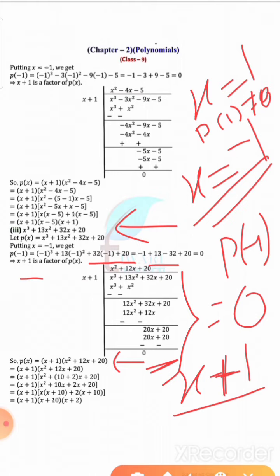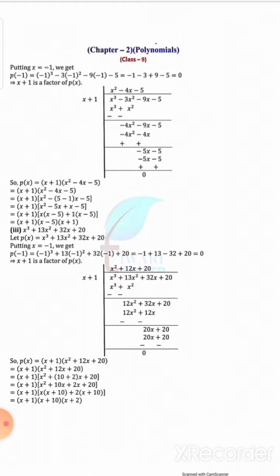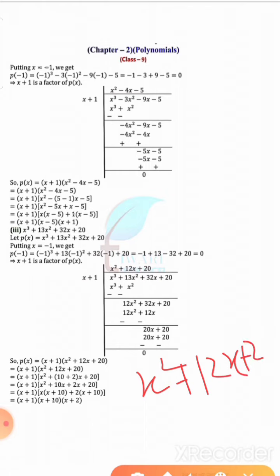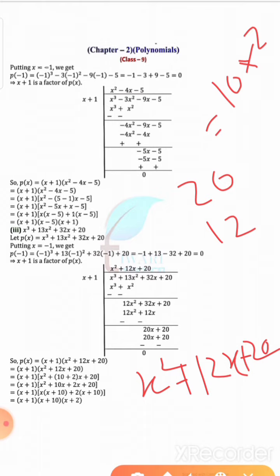So again we factorize this quadratic by the middle term splitting method. Here the coefficient of x² is 1. So 1 multiplied by 20, the product is 20, and the middle term is 12. So we split 20 as 10 times 2, which is 20, and 10 plus 2 we get 12.